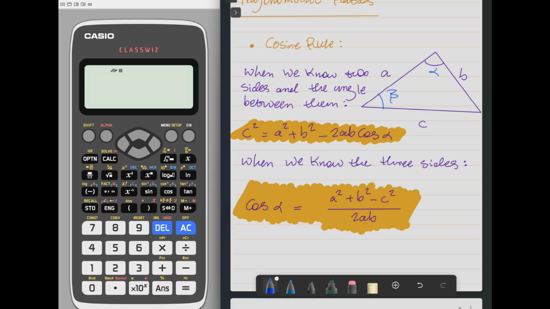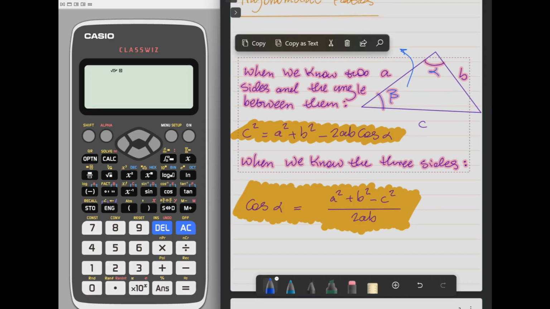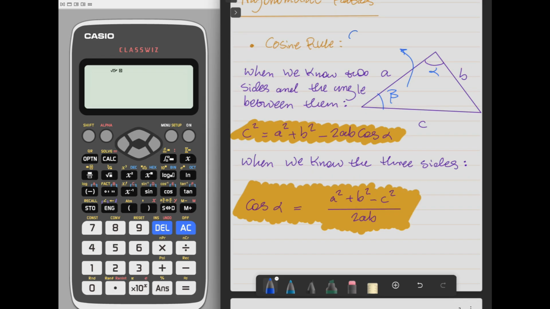If I want to find cosine beta, it is going to be the two sides around it, so A squared plus C squared minus the square of the opposite side, which is B squared, over 2 times the two sides between which the angle lies, which is 2AC here for angle beta.